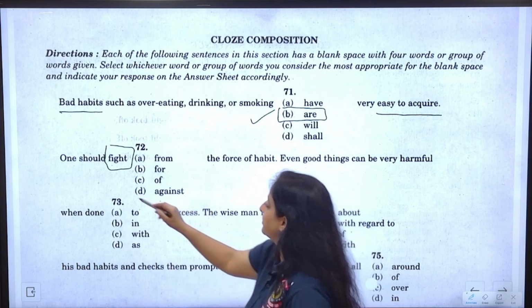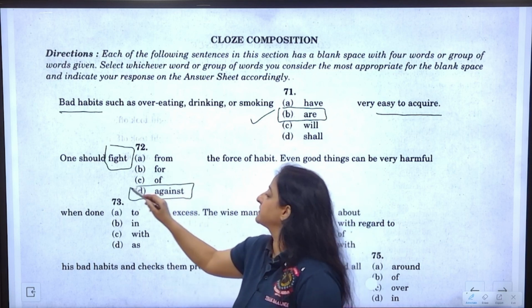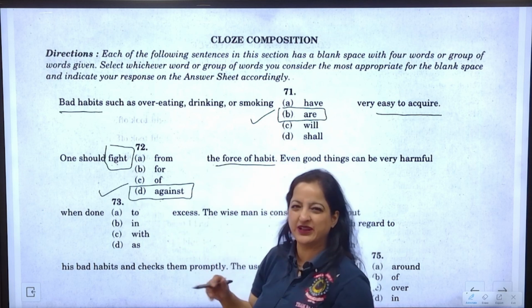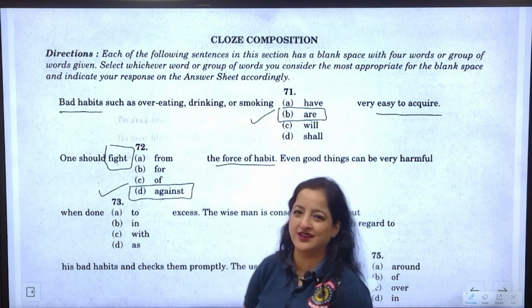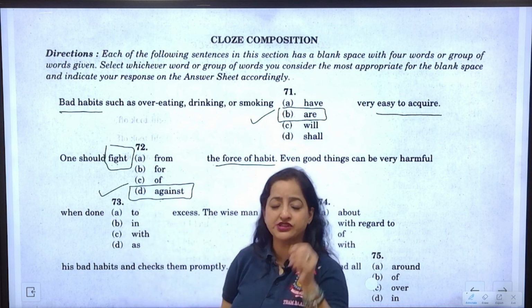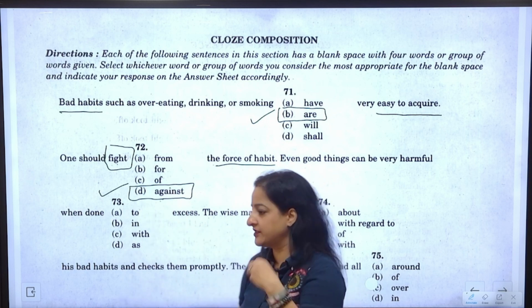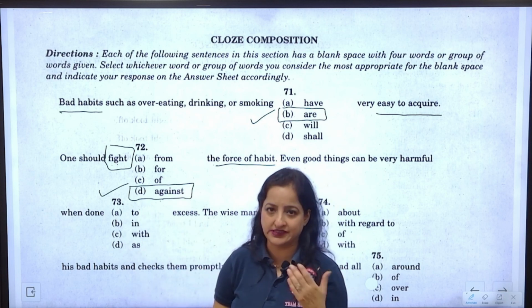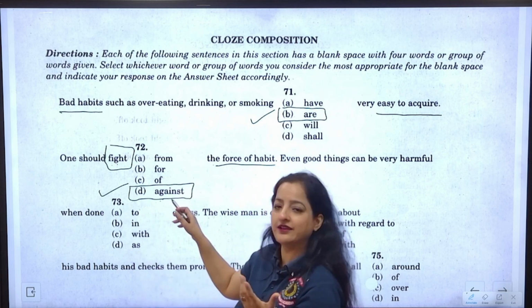Right? So therefore we choose the option fight against. Fight against the force of habit. ये आदत है, इसके खिलाफ लड़ते हैं. Right? So this question is based on fixed preposition. Yes, the word fight takes for also. It will depend on the context. If you're talking something positive, for. This is clearly negative.